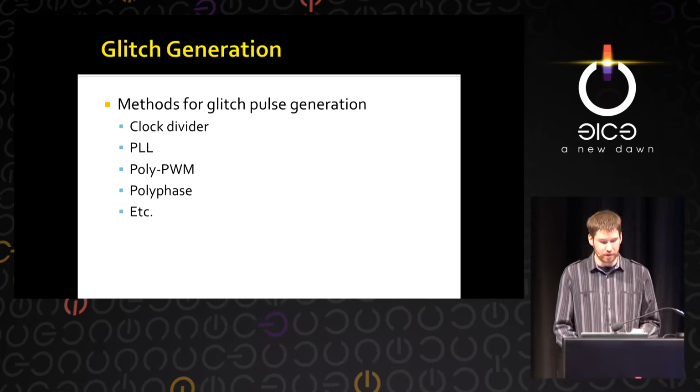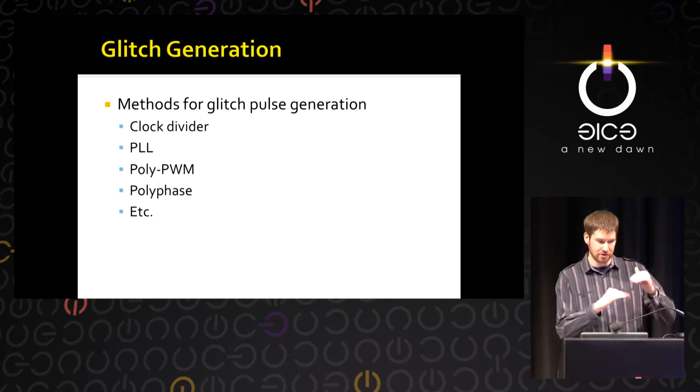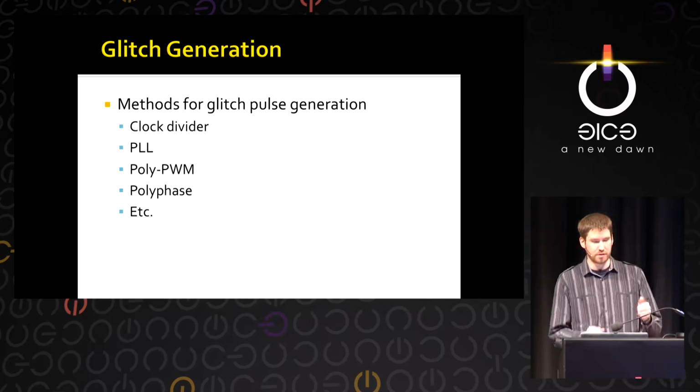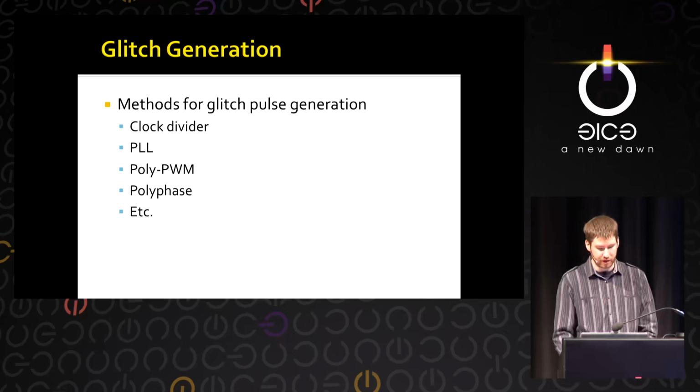Simple clock divider, phase lock loop: if your device in this example had an FPGA with a PLL, use that. Poly pulse width modulation, where you've got multiple PWM signals further apart from each other, and then polyphase, where you've got 3 signals that differ from each other in their phase.